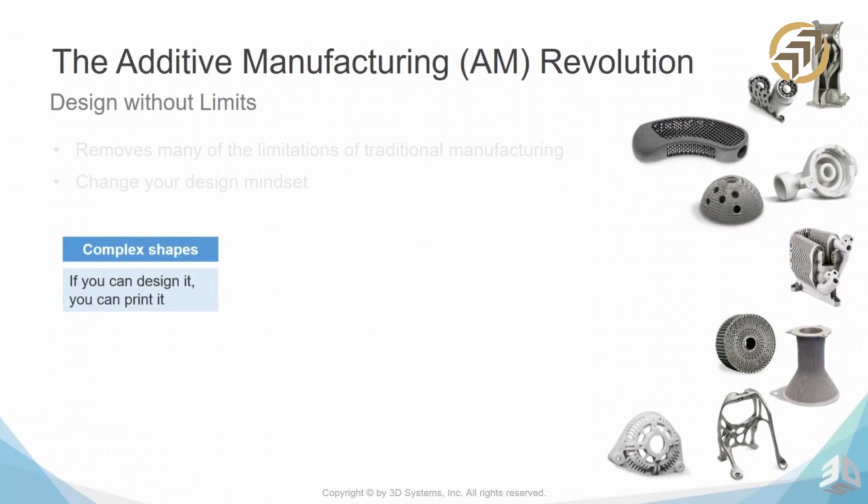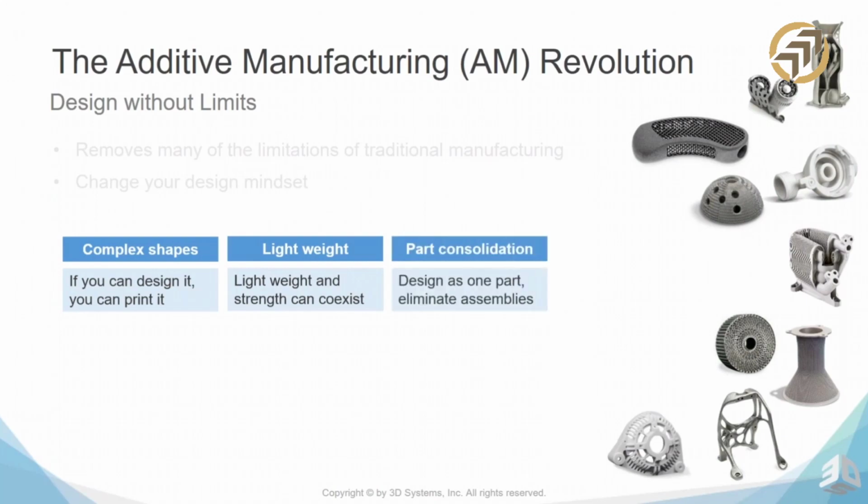So no matter if we are looking to produce complex geometries with enhanced functional properties, lightweight parts without compromising on strength, reduce the number of parts you need to assemble, or apply surface texture to deliver functional or aesthetic benefits, these are all examples of parts that cannot be produced using legacy techniques.